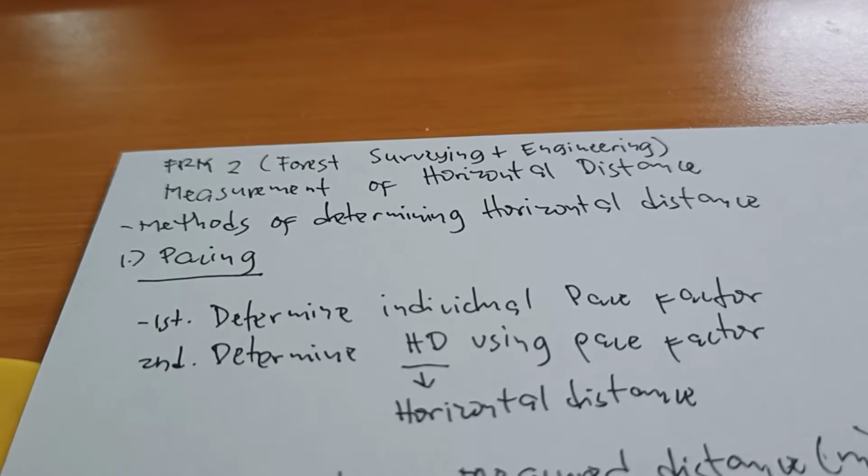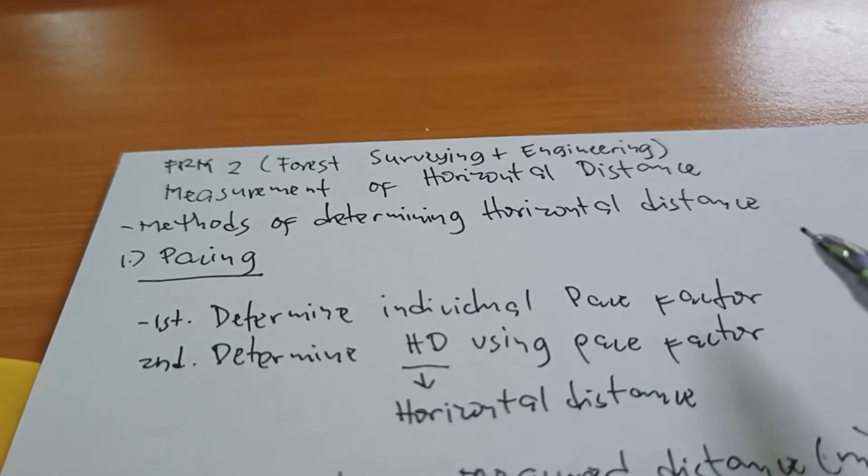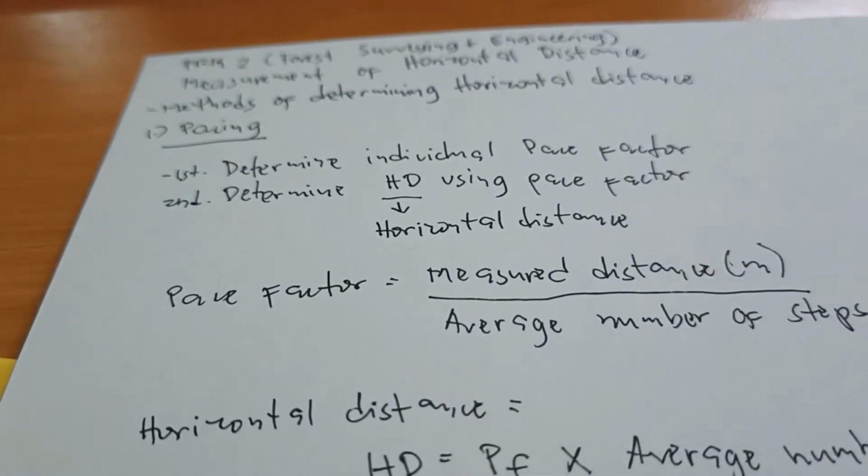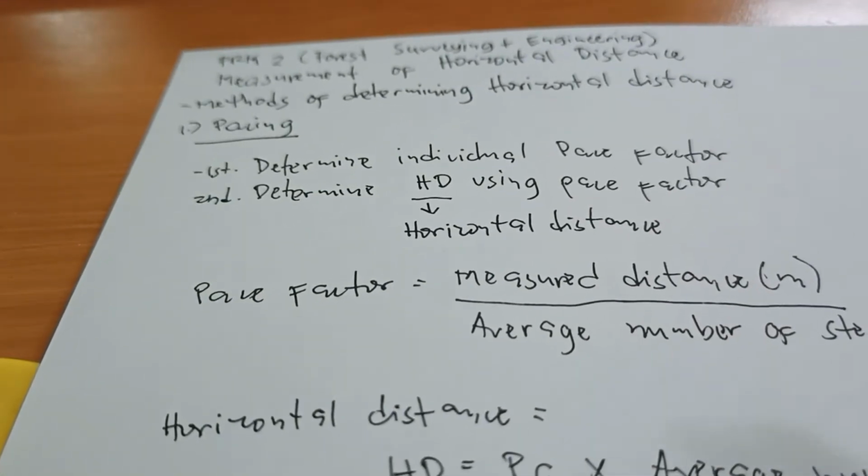So before you can compute our horizontal distance, we need to have first our pace factor.